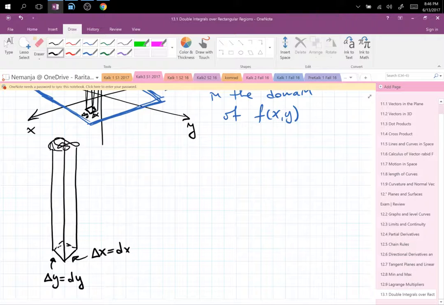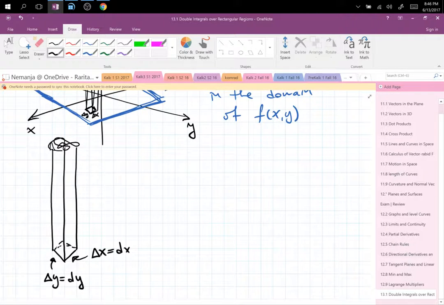Out of each key up goes a representative French fry, and on top there is the surface, which is your f of x, y. All of them go up and hit the top of the function, filling in all the volume, right?